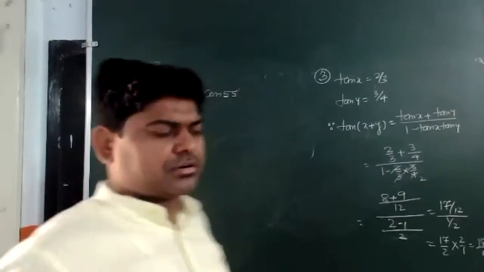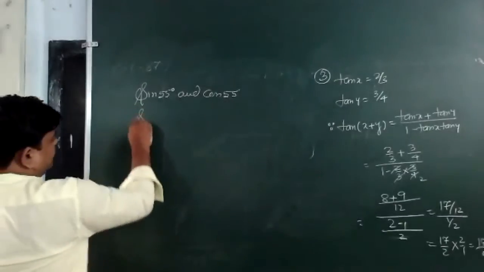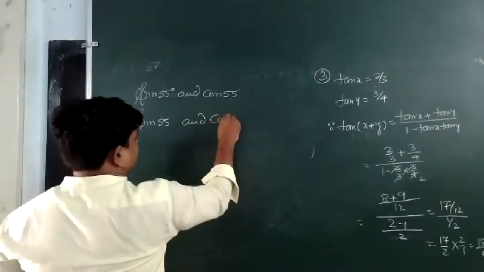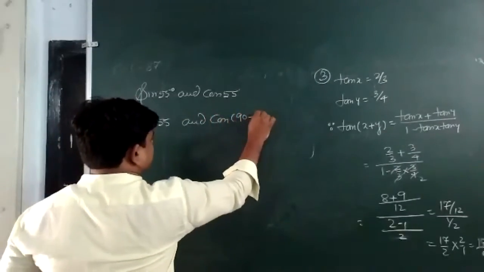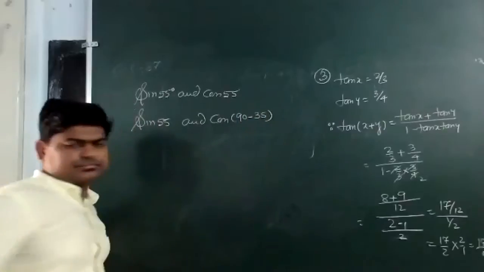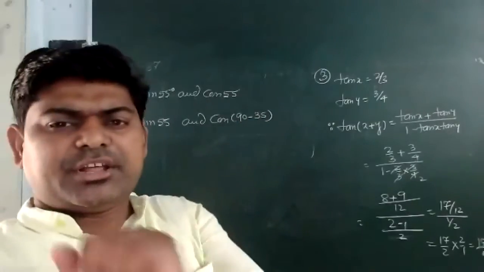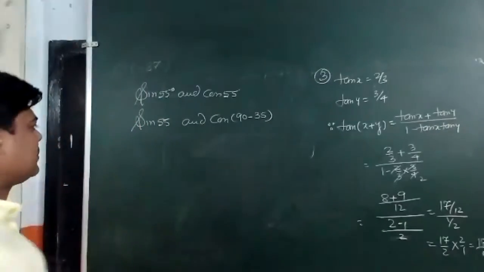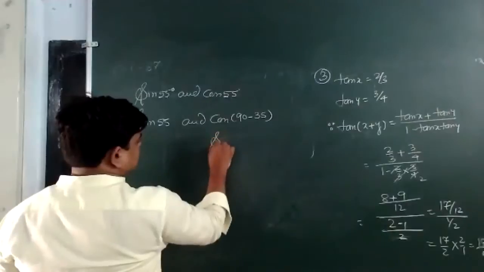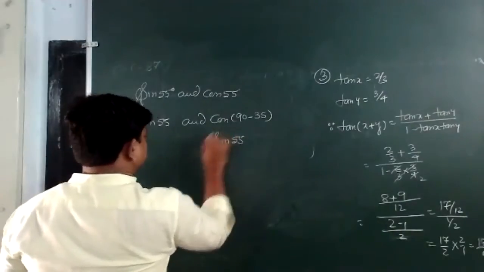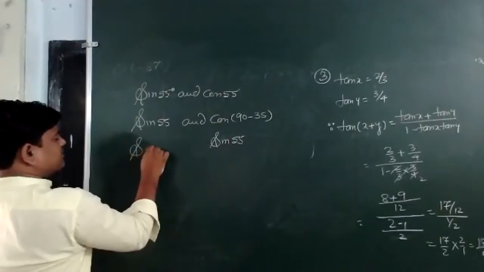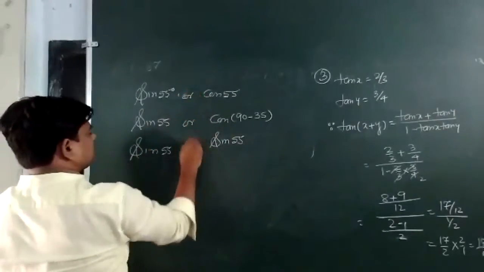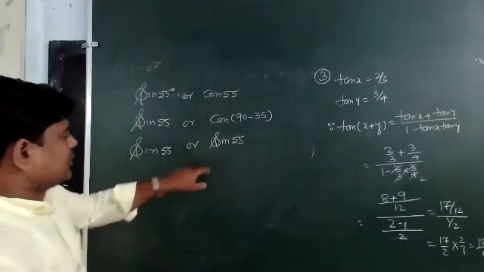Which is bigger? Now tell me, if I am writing sine 55, this can be written as cos of 90 minus 35, or not? 55 can be written as 90 minus 35. Now, if I use the quadrant concept, this can be written as cos 35.